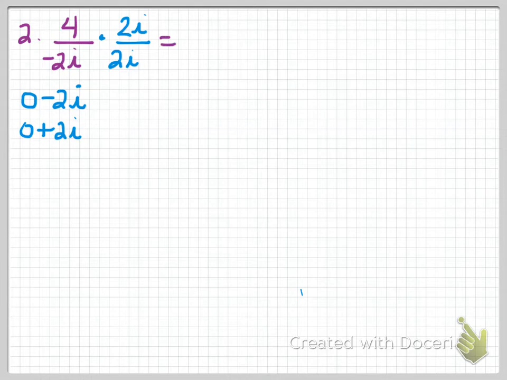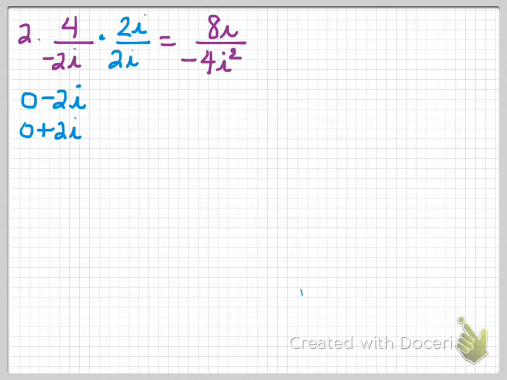When we do this, we get 4 times 2i on the top gives us 8i, and on the bottom, negative 2i times 2i gives us negative 4i squared.